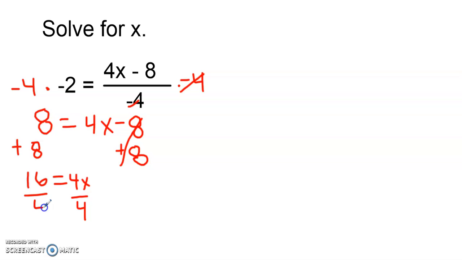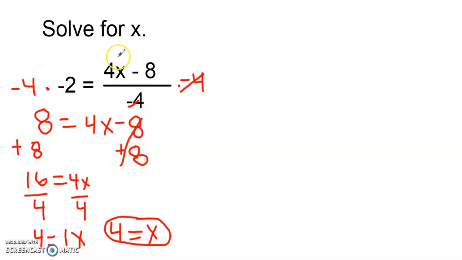So we've got to do the same thing on the other side. So over here we've got 16 divided by 4 is 4, and then 4 divided by 4 is 1x, or just x. So that's the same thing as 4 equals x, and then you can plug that 4 back in to double check your work.